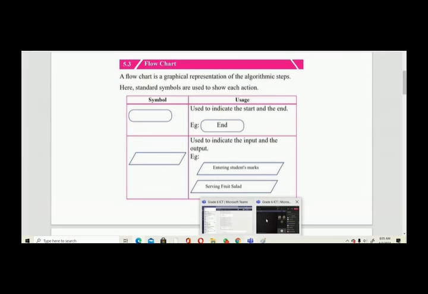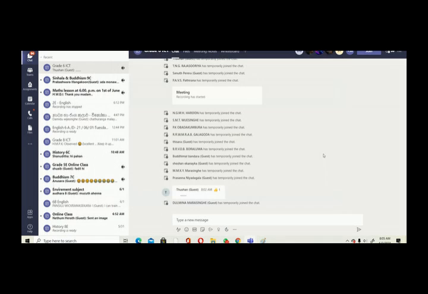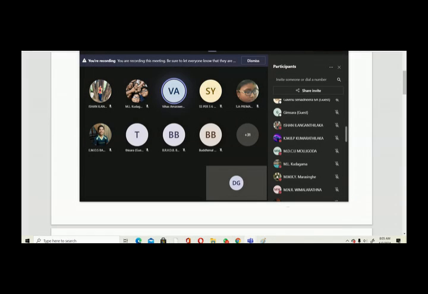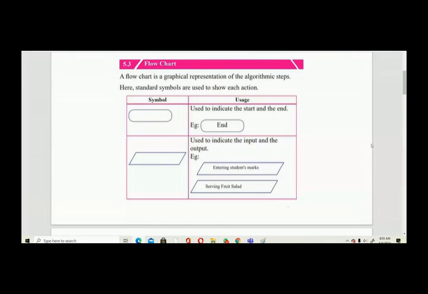Take out your writing books and write the topic flow chart. Wait a minute, madam.